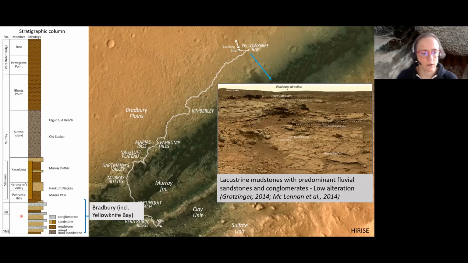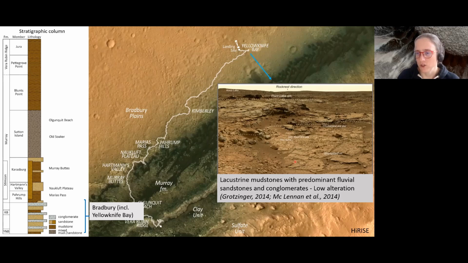And the rover started down in this part of the stratigraphic column, where Yellowknife Bay is one of the first places it visited, and that is an area dominated by mudstones and sandstones, as we might expect in a lake on Earth, where you have episodic inputs of sediment from nearby rivers, which are the sandstone units that stick out here, and the conglomerate units here.